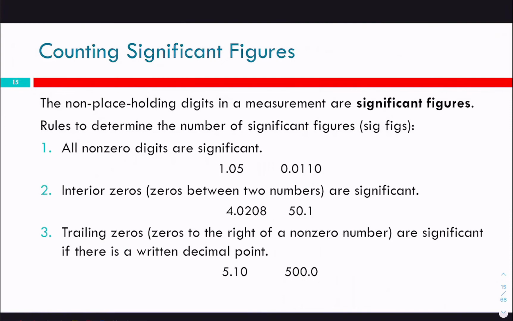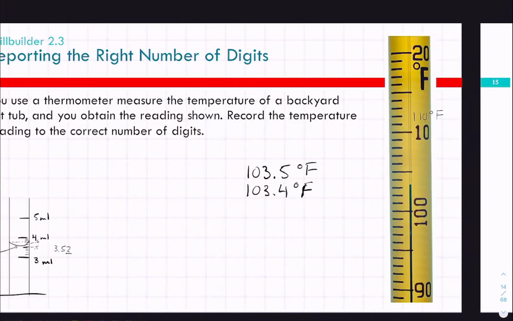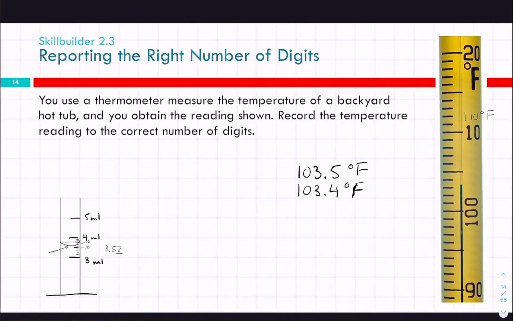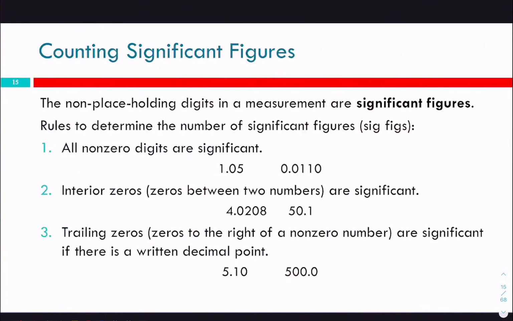So when we make a measurement, let's just use one of these that we did before. So if we have our 103.5, that's a good one. These are the rules for determining the number of significant figures. So you made a measurement, you've written down the correct level of precision.